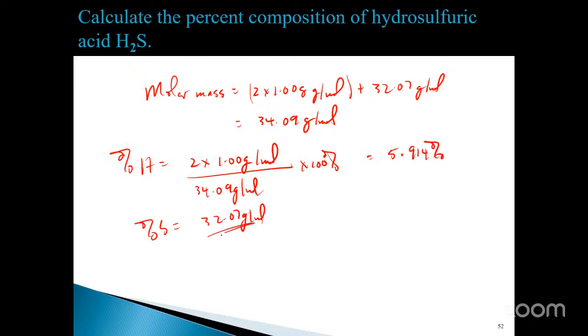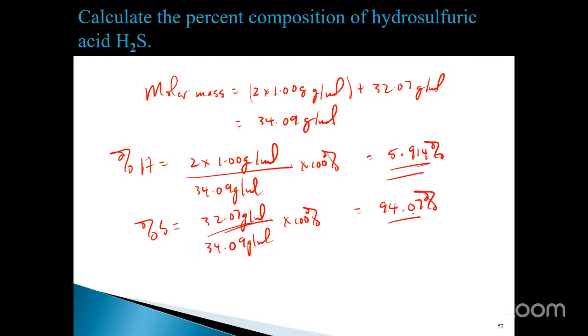And we divide that by the mass of everything times 100%. So that's 32.07 divided by 34.09 times 100. And this gives 94, 4 sig figs, 94.07%. And that's it. That's how you calculate the percentage of each element present, right?